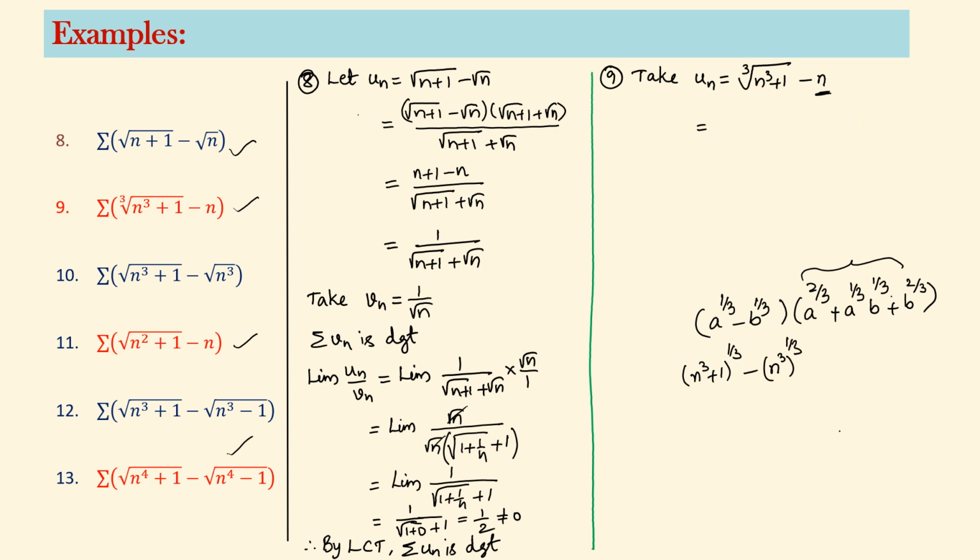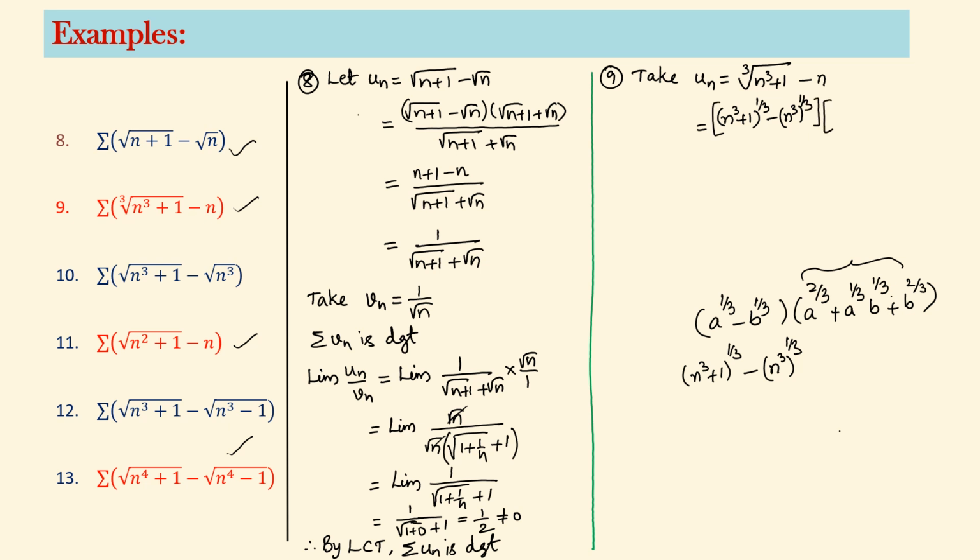So let us now write this by multiplying with its conjugate. We have (n cube plus 1) power 1 by 3 minus (n cube) power 1 by 3.